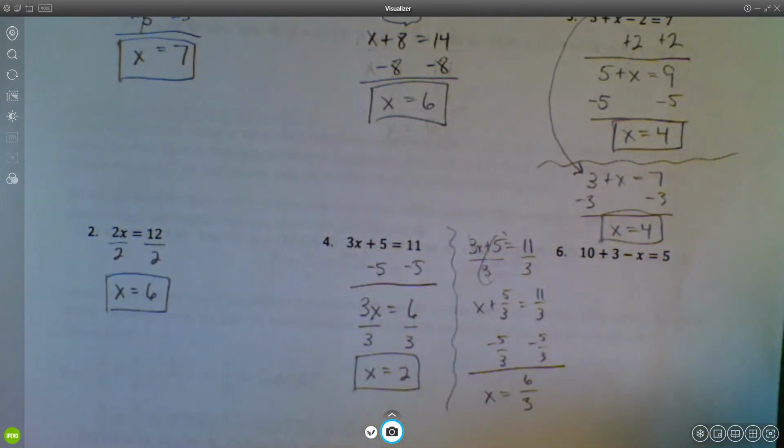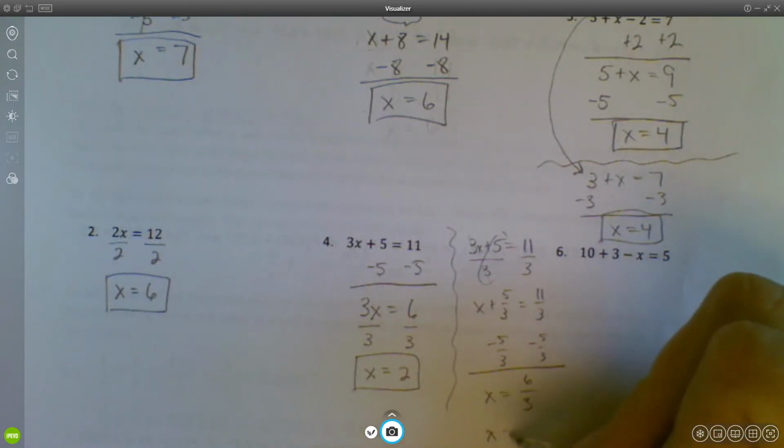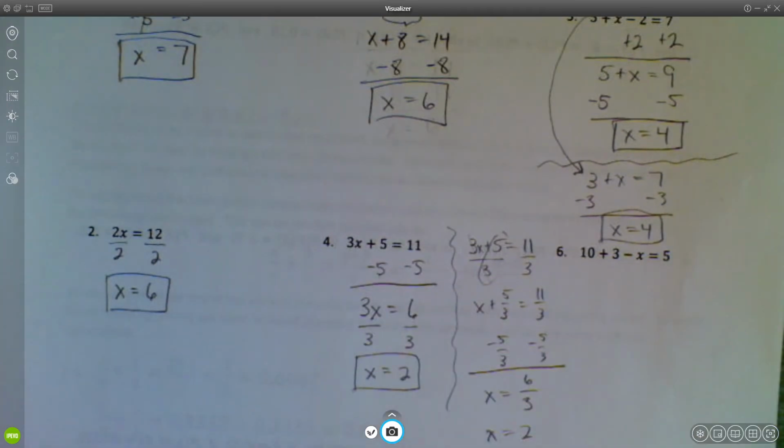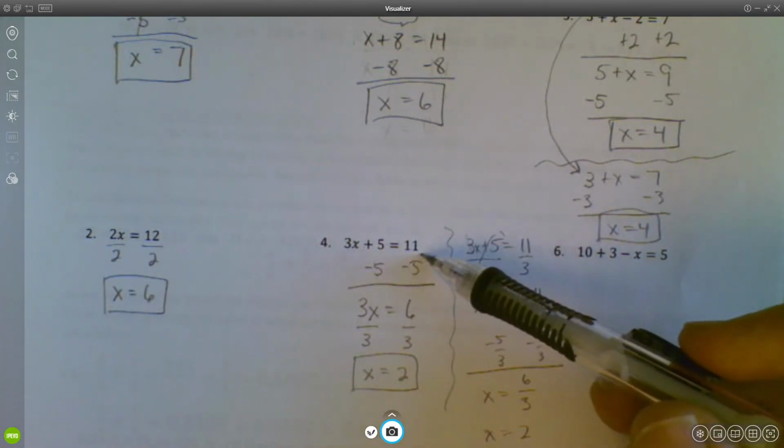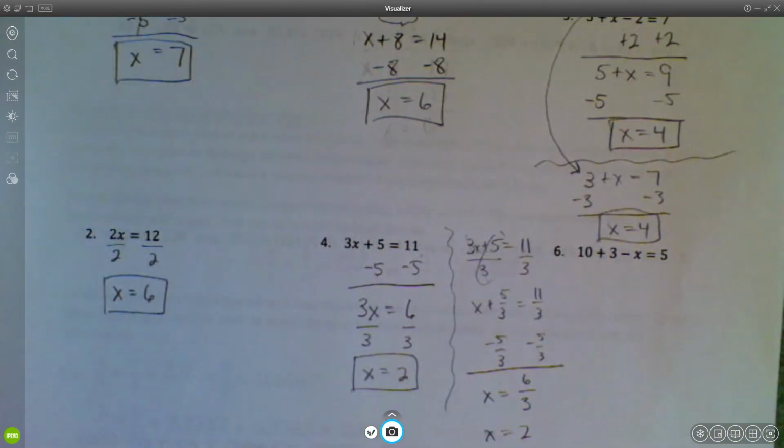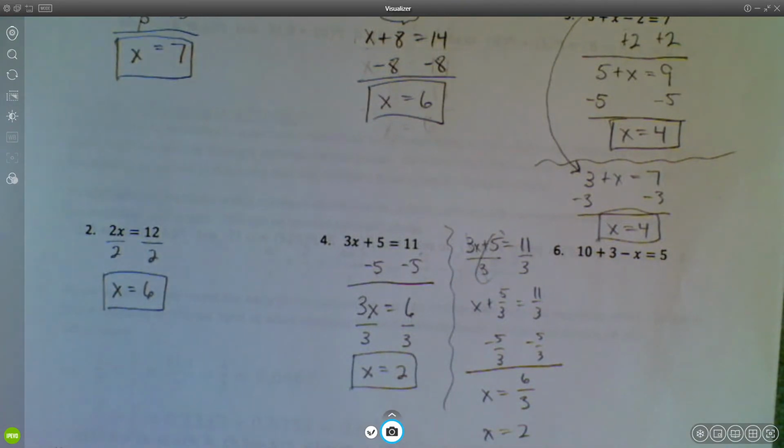And then you can reduce 6/3. 6 divided by 3 is the same thing as 2. So you get to the same place. It just takes you a little longer. So I think the better thing to do is undo the addition first, and then undo the multiplication. Okay, so with that in mind, let's give number 6 a try. So go ahead and pause the video and see what you get.